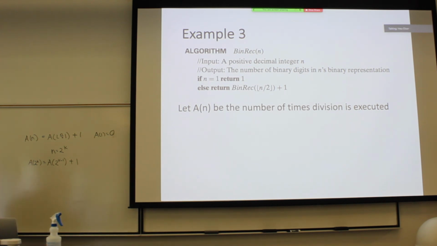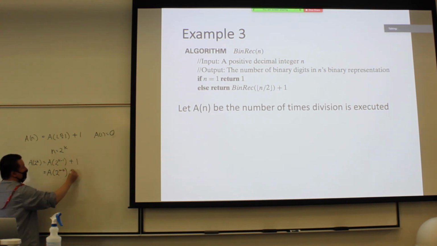And the question is, how do we go about solving this? We can do the same thing, right? So we can say a of 2^(k-2) plus 1 plus 1.